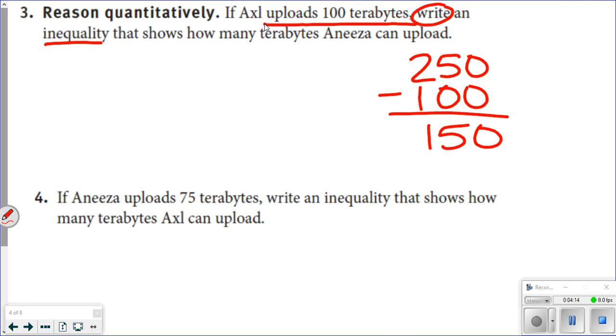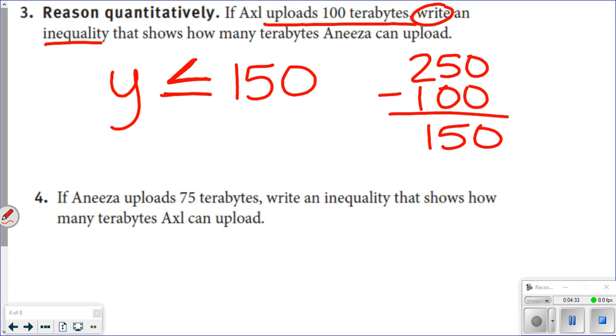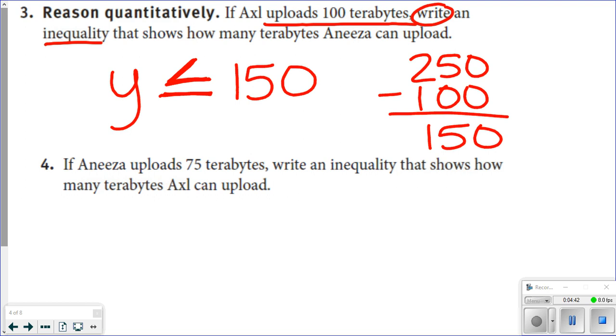Which variable do we use for Anisa? We use a Y, so Y, and then the limit is 150. Could we be exactly equal to that? Yes. Could we be less than that? Yes, but not greater. So Y, Anisa, has to be less than or equal to 150. So go ahead and try question 4.